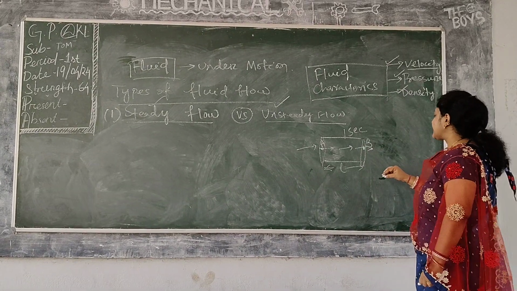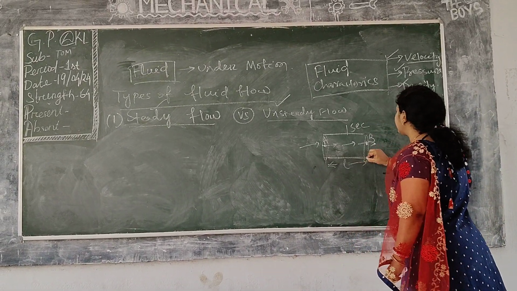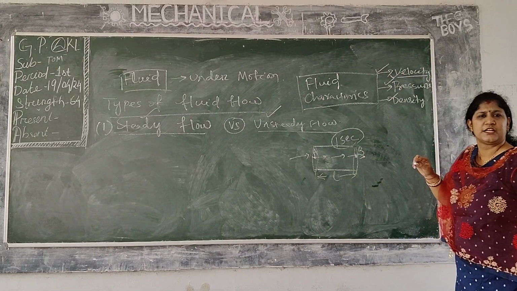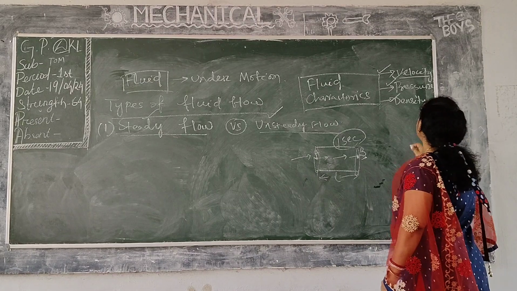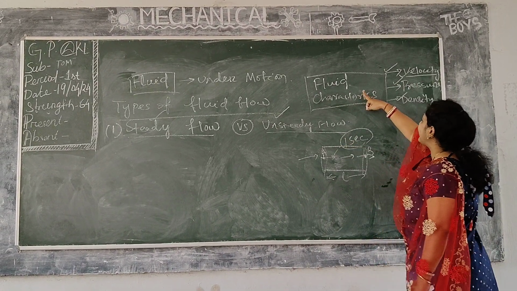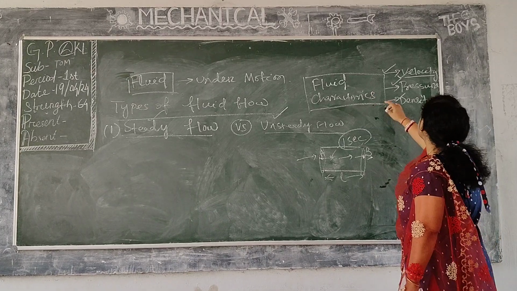Correct? So we can say the distance covered per unit time is known as fluid velocity. Okay, so now the velocity phenomenon we have understood, which is one kind of fluid characteristic.